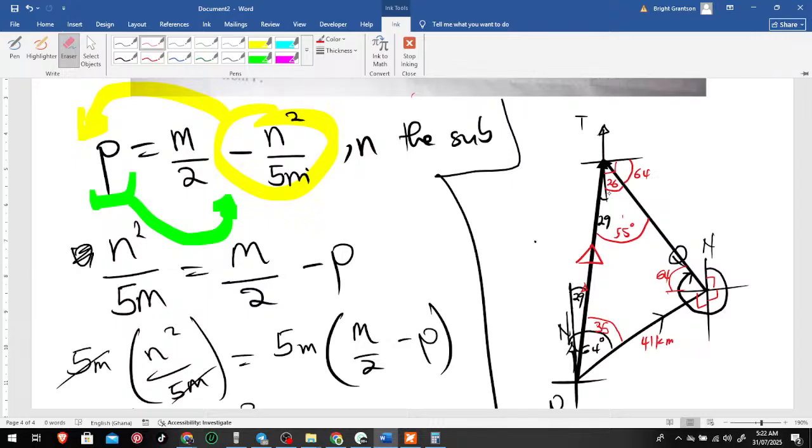The angle from the north to the line, from the north. So this is what we have. This is the diagram. Please, are we okay?